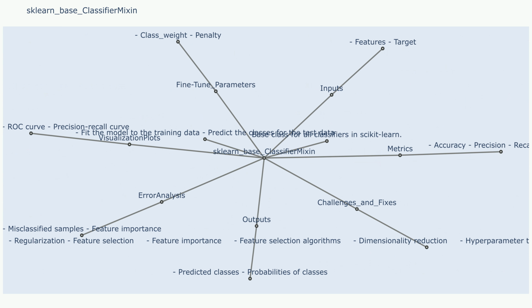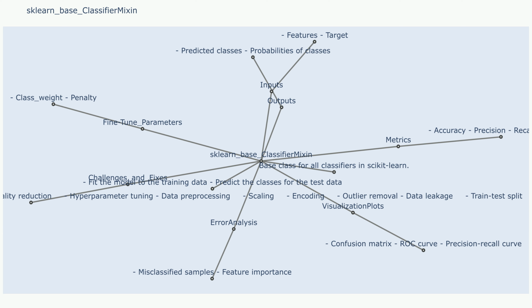Bayesian approaches like Bayesian classification can provide a probabilistic interpretation of the predictions, incorporating uncertainty. Challenges and fixes. Challenge 1: overfitting. The model may perform well on the training data but poorly on unseen data.